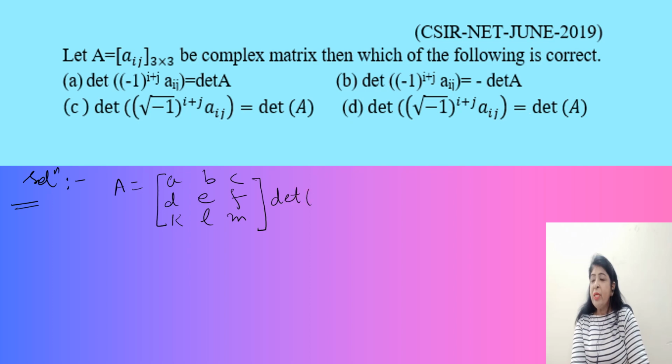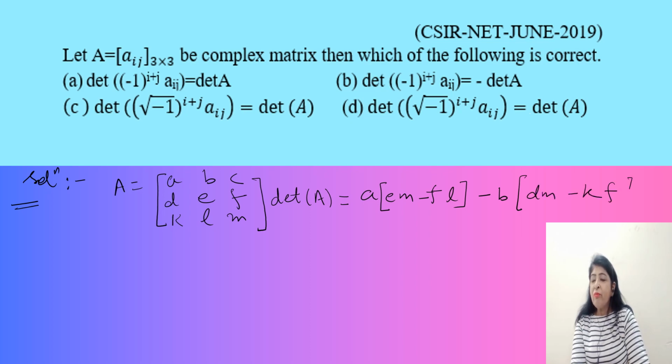Determinant of A, expand by first row R1. So this is equal to a times (em minus fl), minus b times (dm minus kf), plus c times (dl minus ek).